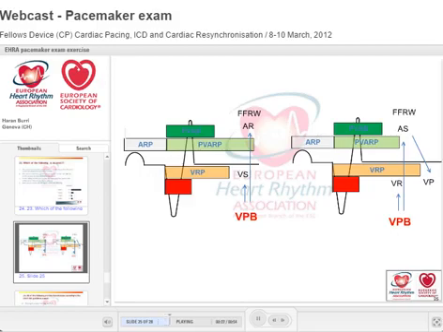If the contrary were true, that's to say the PVARP were shorter than the ventricular refractory period, if you have a ventricular premature beat, it's refractory in the ventricle, but it's sensed in the atrium and may actually set off an AV interval with a VP. Now that VP may fall on the T wave of the ventricular premature beat, which obviously is not a good thing. Could be arrhythmogenic. So that's the reason why we usually have it this way around and not that way around.